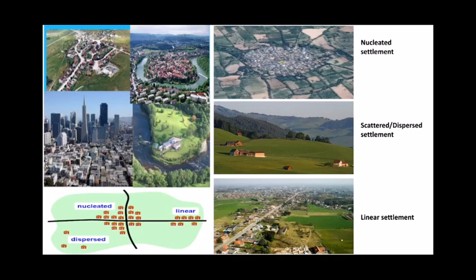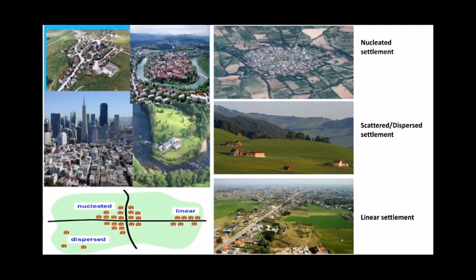Nucleated settlements are those kinds of settlements where towns or buildings are close together. They are built close together, often like a cluster around a central point.